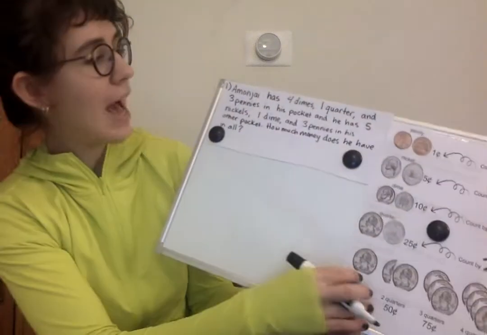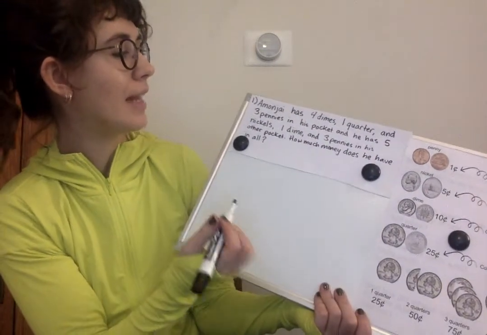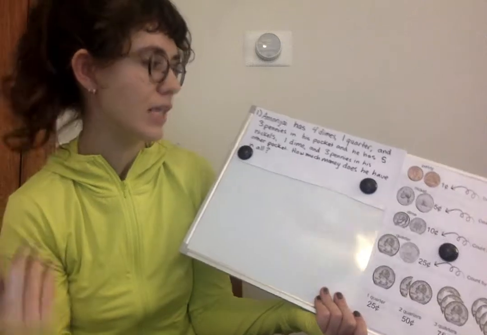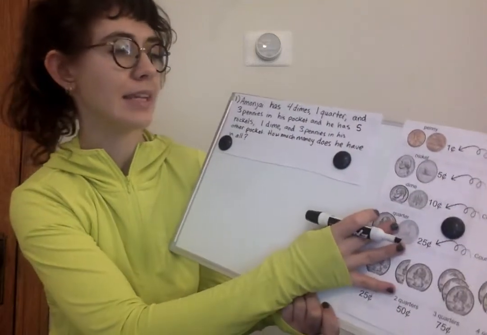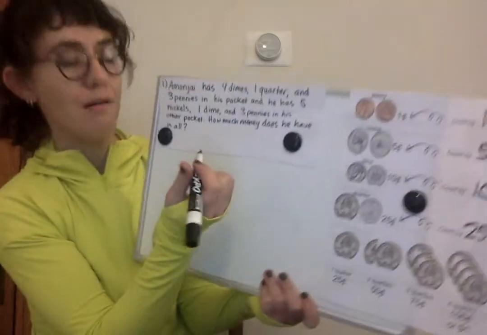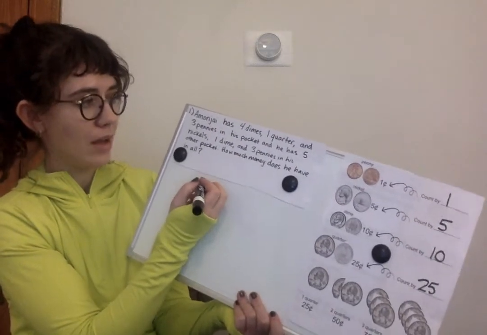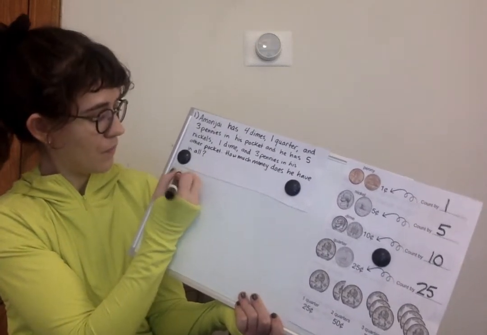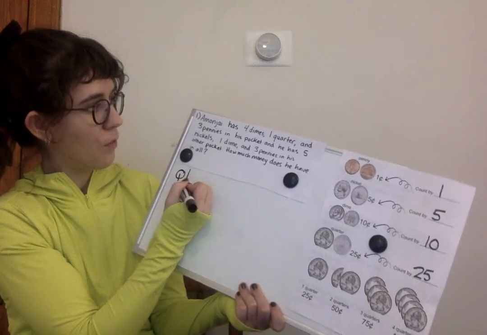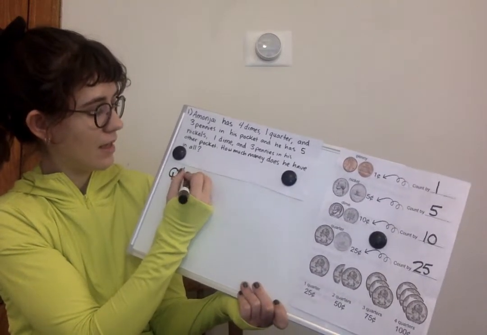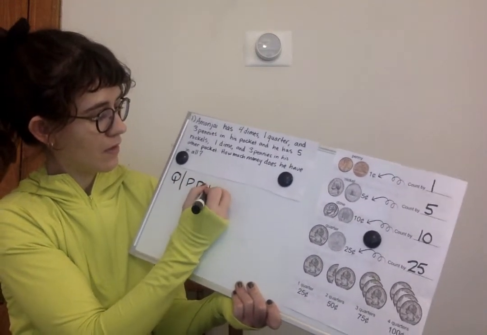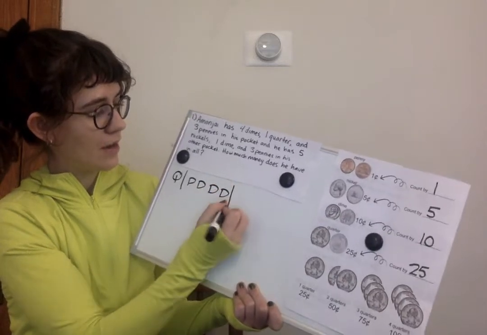Amanje has 4 dimes, 1 quarter, and 3 pennies in one pocket, and then he has 5 nickels, 1 dime, and 3 pennies in his other pocket. So we're going to just start with the first pocket over here. We've got 1 quarter, 4 dimes, and 3 pennies.